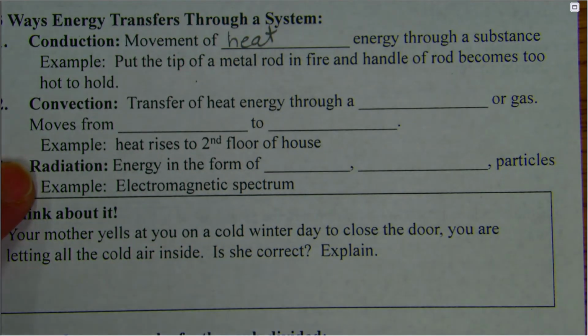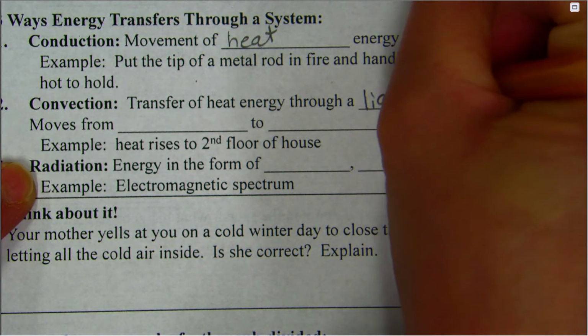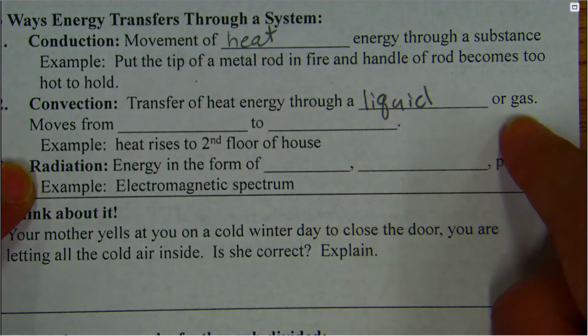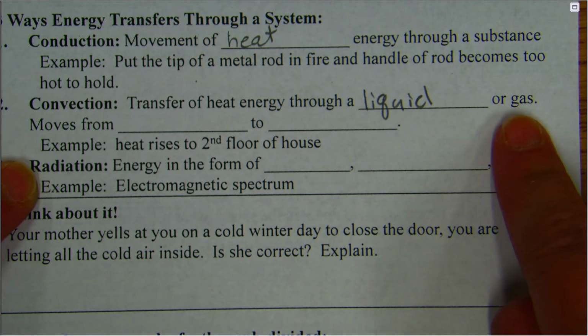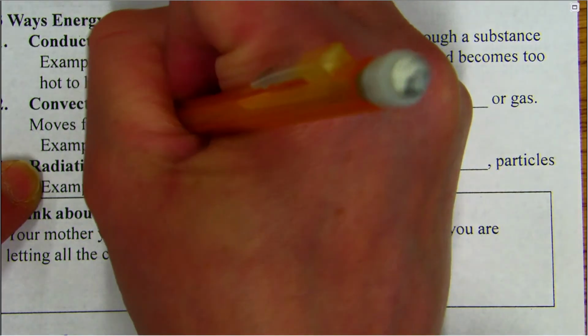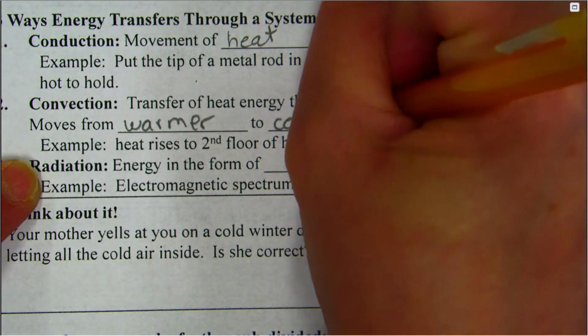Convection. This is a transfer of heat energy through a liquid or a gas. So if it involves a liquid or a gas, and now remember, the air around us is a gas. All right, so this is going to be the movement from warmer to cooler, and you may remember this from Earth Science.